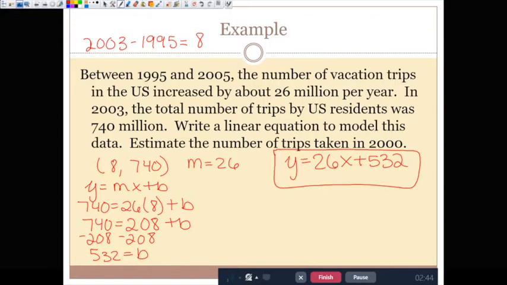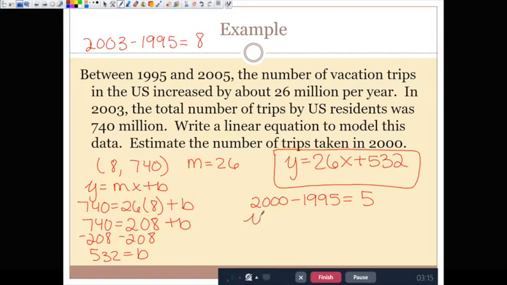Now we need to estimate the number of trips taken in 2000. So I have to take 2000, I have to subtract 1995 because that is my starting point, to find my x value, which would be how many years? 5. So now I can write my equation.